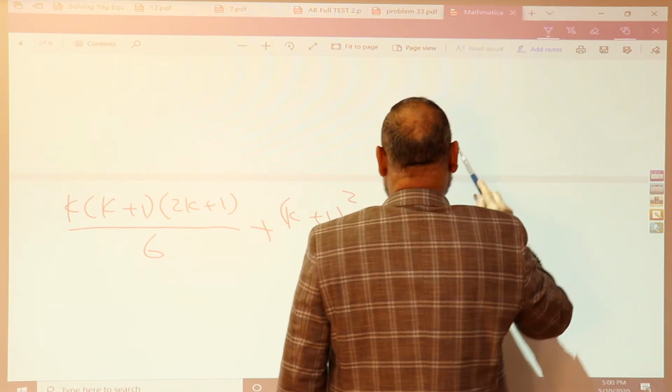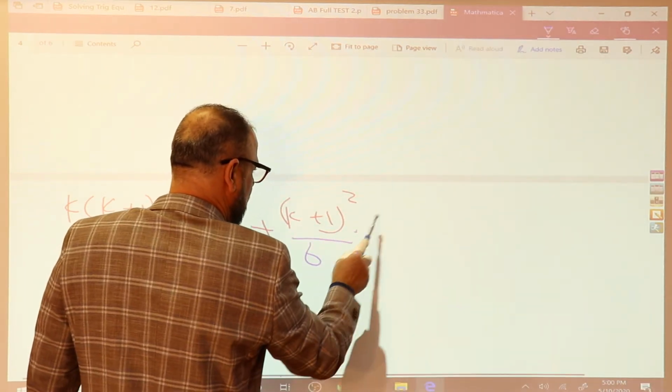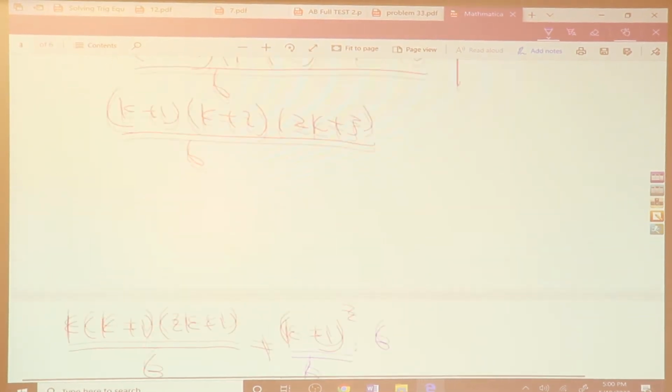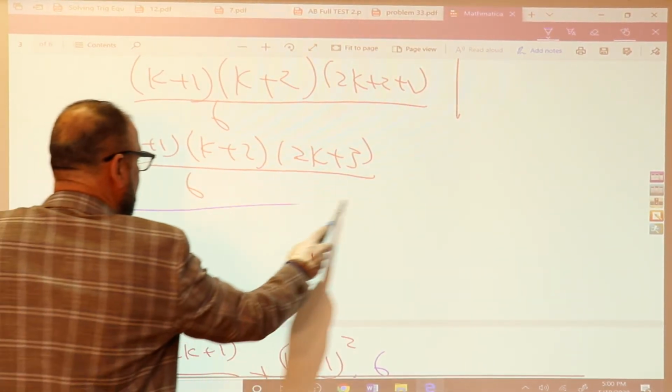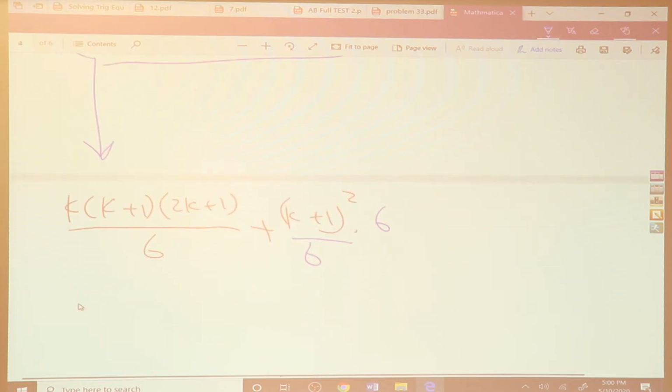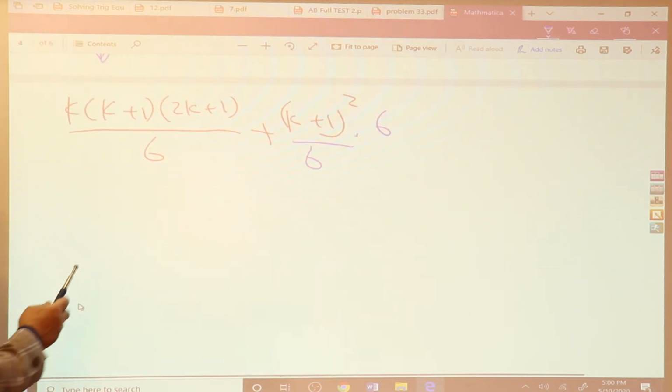To have the same denominator, we will put 6 here and 6 here. Now look how I'm going to prove this one. My objective is to get k plus 1, k plus 2, 2k plus 3 from that. Then I'm true.